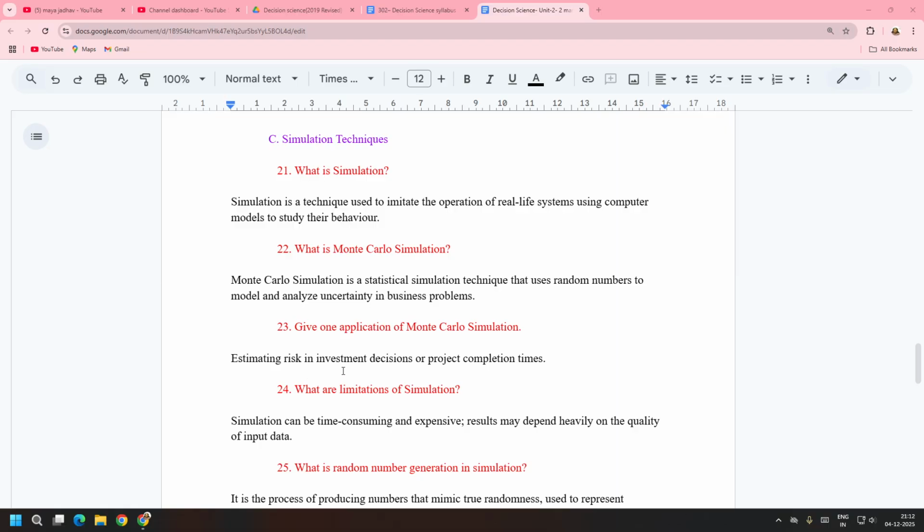Estimating risk in investment decisions or project completion times. What are limitations of simulation? Simulation can be time consuming and expensive. Results may depend heavily on the quality of input data.